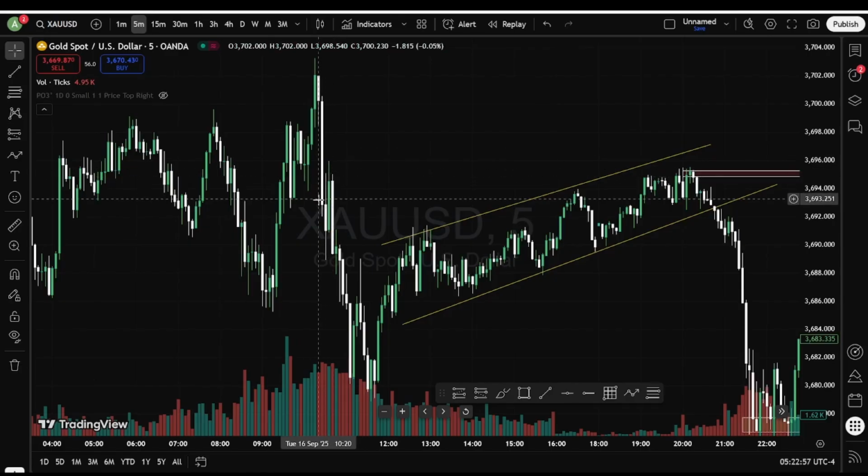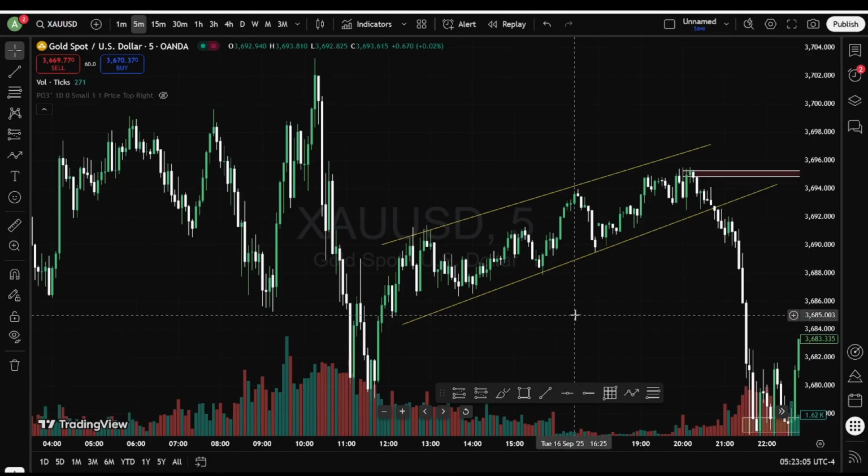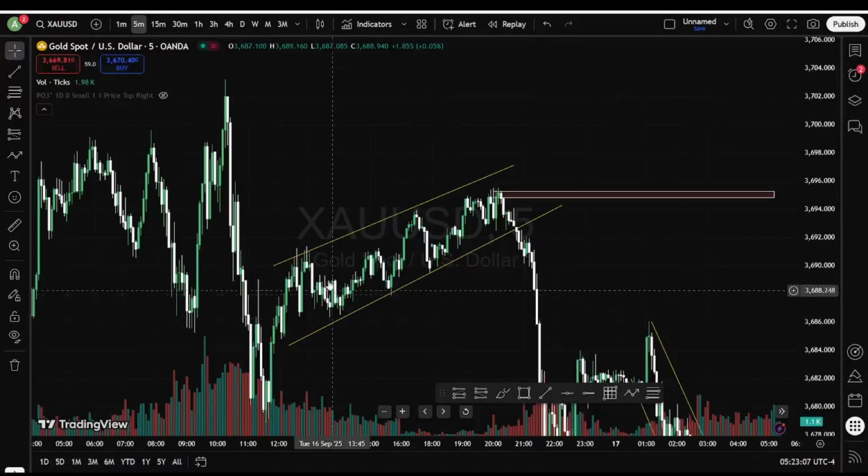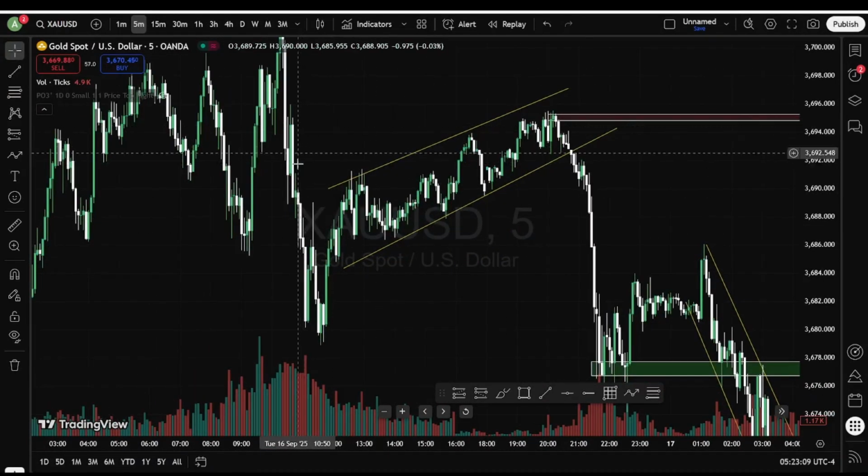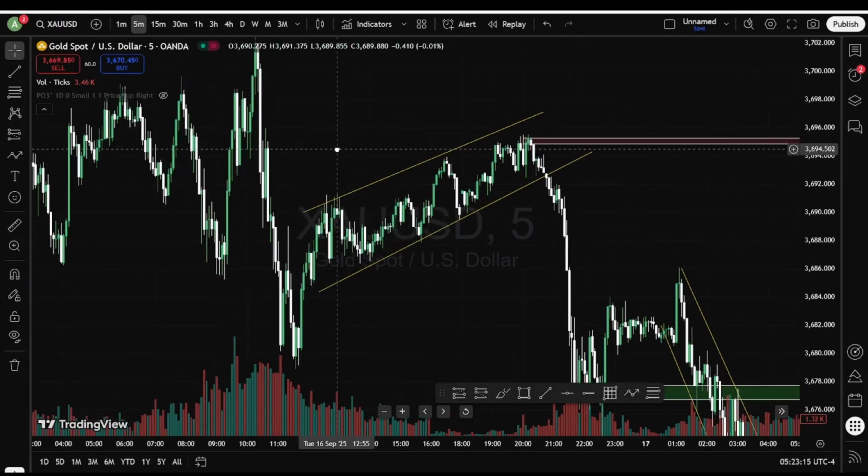After seeing this bullish engulfing candle, they again placed orders and again the price came back down. So they are looking to close the buy orders at break even.